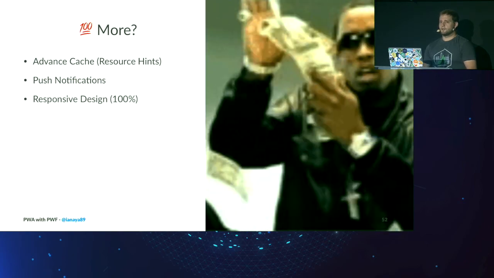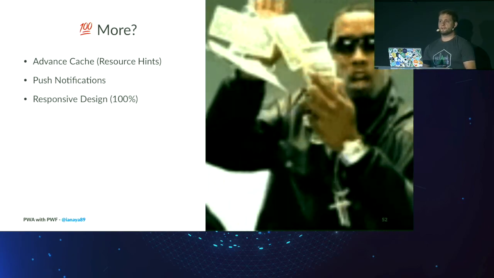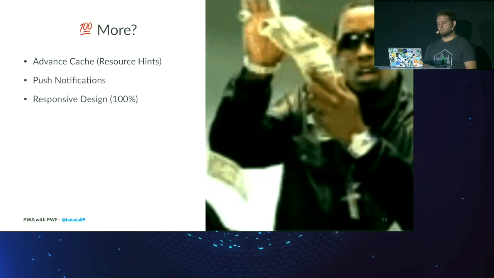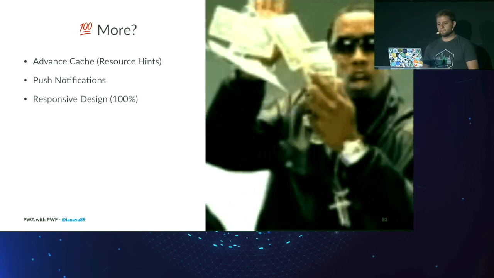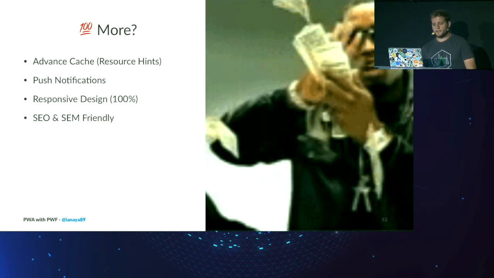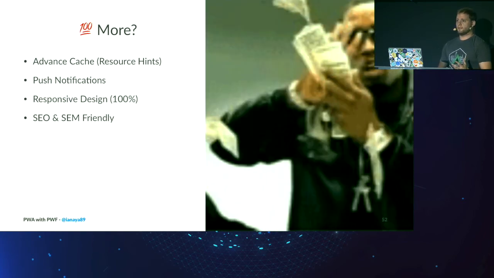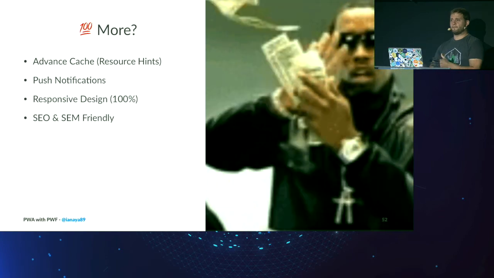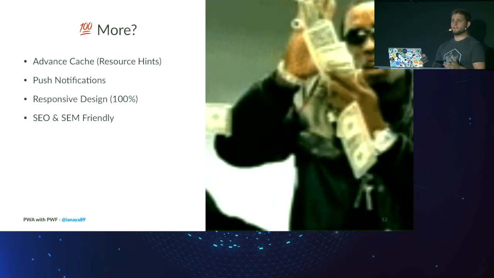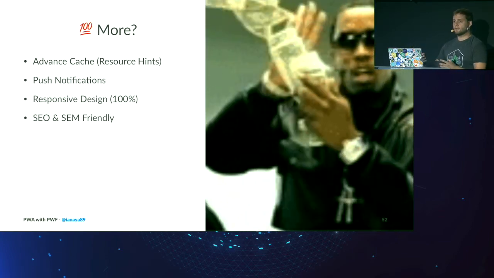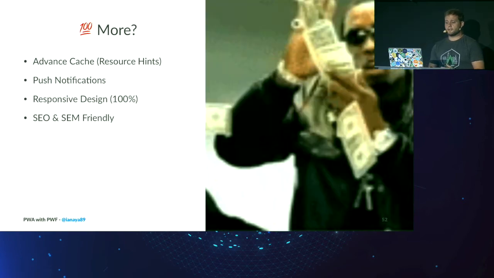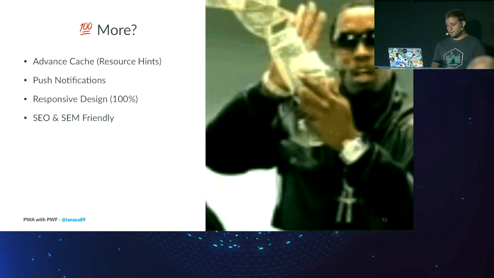What I mean is to keep in mind all the possible devices: wearables, smart TVs, laptops, tablets, whatever. And it should be SEO or SEM friendly. This is an advantage of PWAs in comparison with normal apps, so I think it's important that we use it.